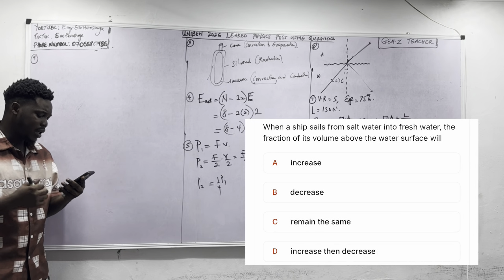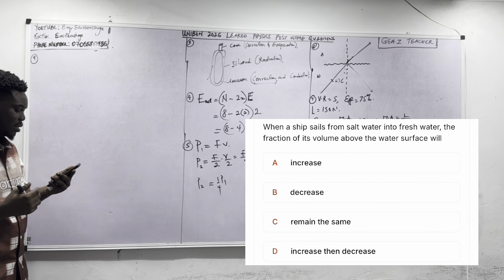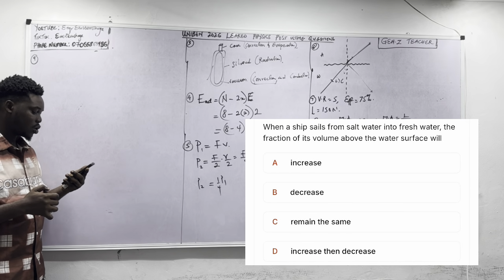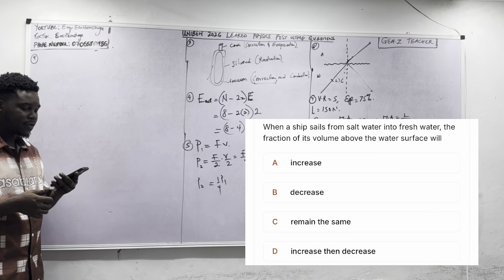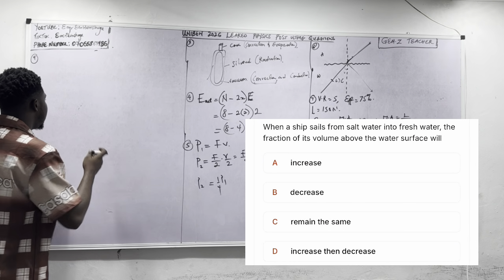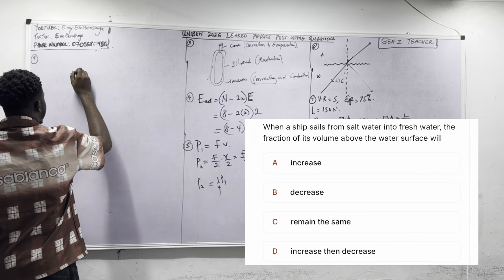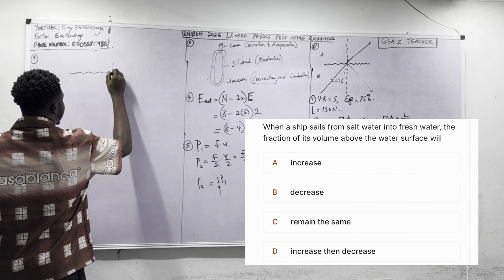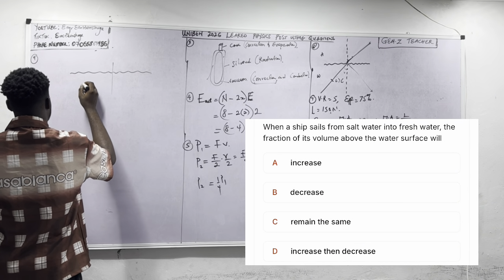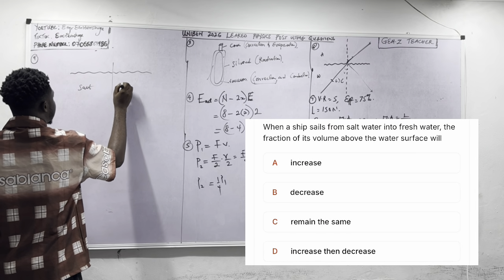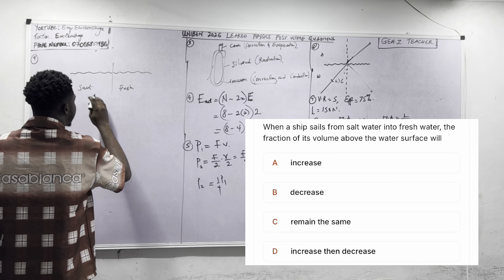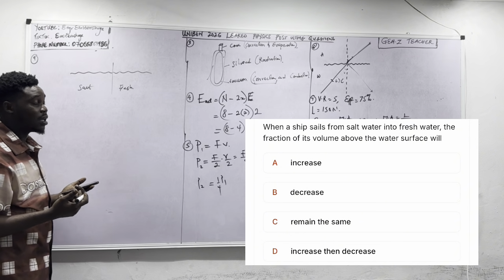Number 9 says, when a ship sails from salt water into fresh water, the fraction of its volume above the surface will dash. Now quickly, I'm going to give you a diagram to understand this. We have water here. Let's demarcate the water. So here is salt water and here's fresh water. Now, salt water has more density than fresh water.